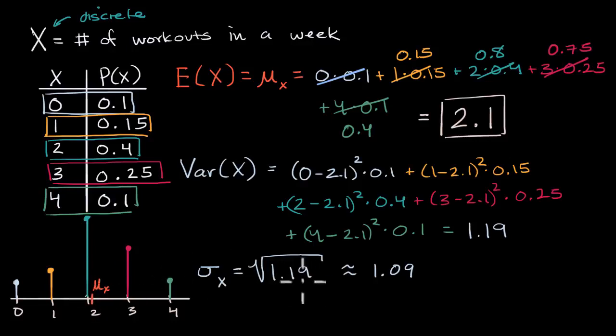And then the standard deviation is 1.09. So 1.09 above the mean is going to get us close to 3.2. And 1.09 below the mean is going to get us close to 1. And so this all, at least intuitively, feels reasonable. This mean does seem to be indicative of the central tendency of this distribution. And the standard deviation does seem to be a decent measure of the spread.